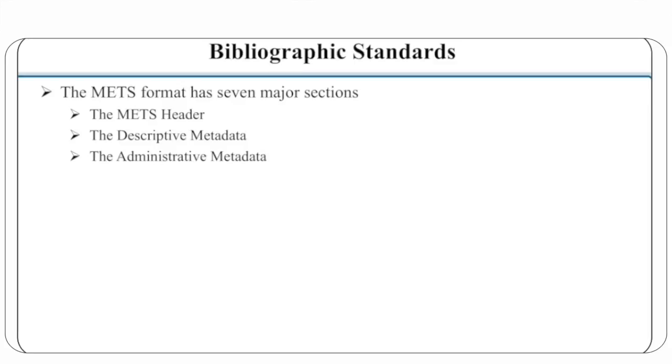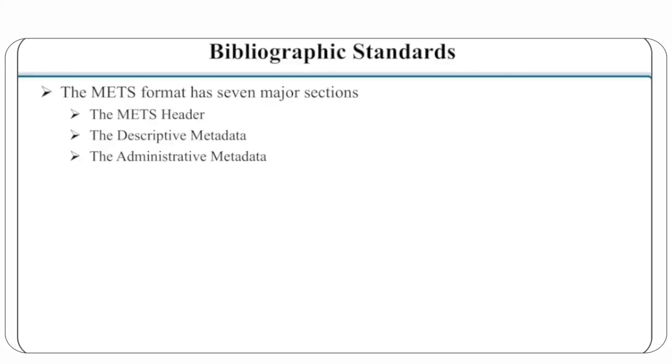The administrative metadata section provides information about how the files were created and stored, intellectual property rights, the original source from which the digital library object derives, and information regarding the provenance of the files comprising the digital library object, that is, master or derivative file relationships and migration and transformation information.